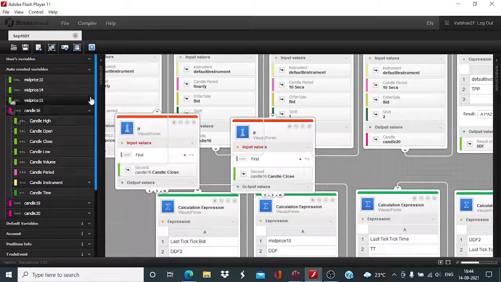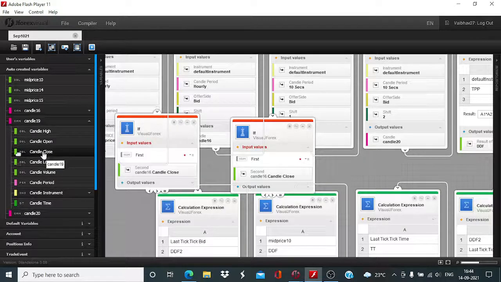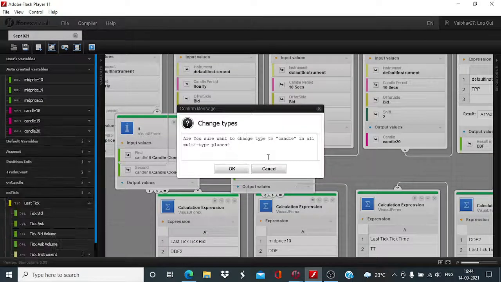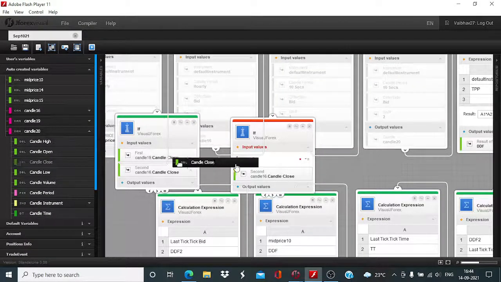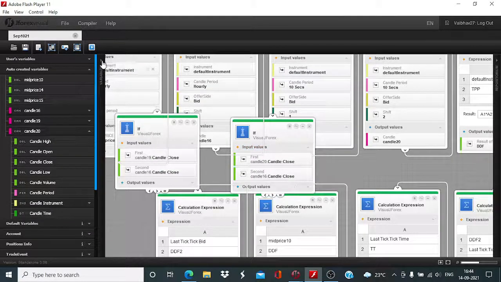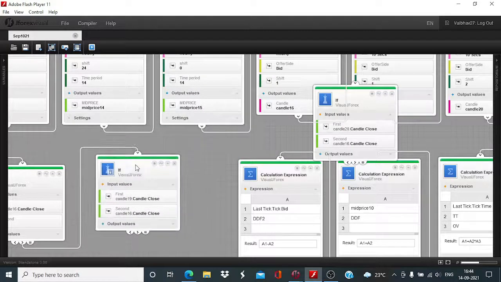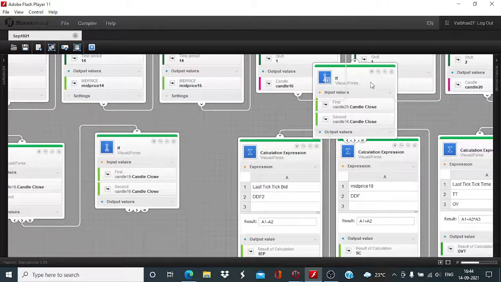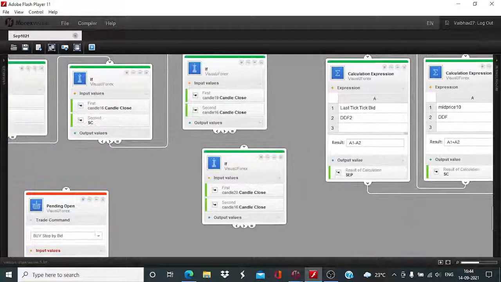All right, and compare it to candle 19 candle close and candle 20 candle close. So this formation is now coming towards finality, final completion.